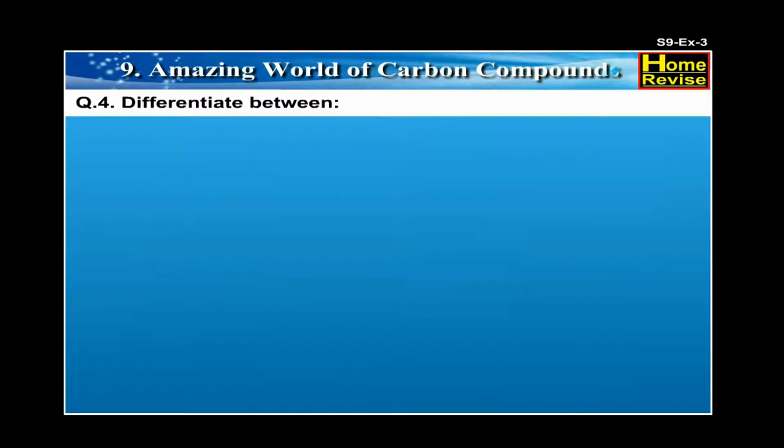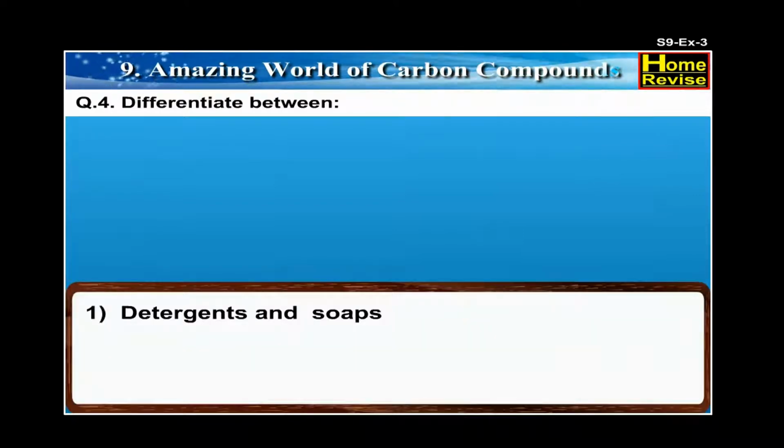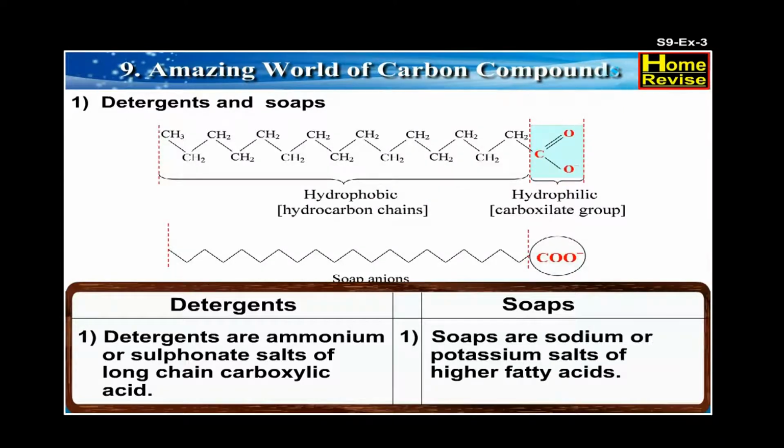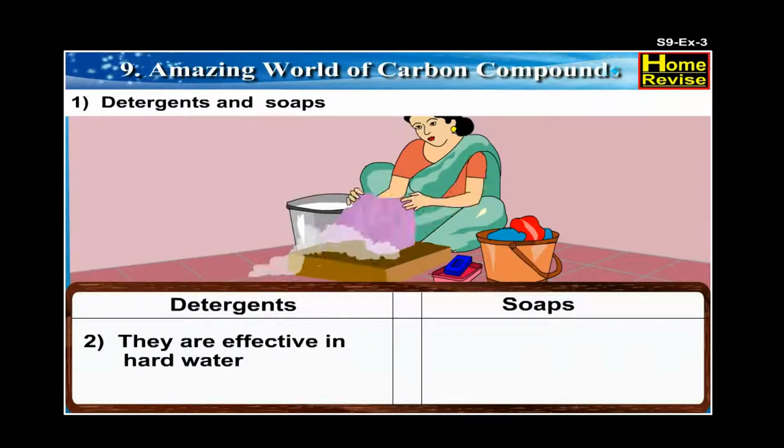Question 4. Differentiate between first, detergents and soaps. 1. Detergents are ammonium or sulfonate salts of long-chain carboxylic acid, whereas soaps are sodium or potassium salts of higher fatty acids. 2.